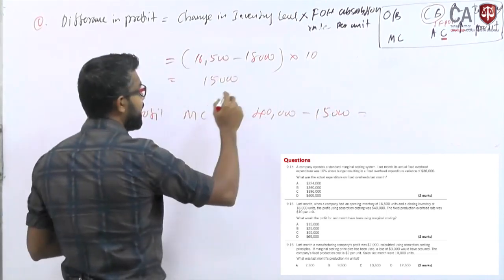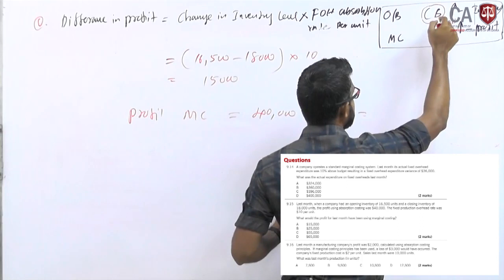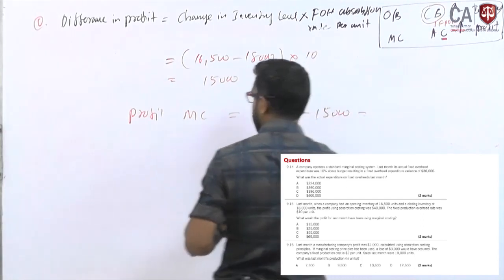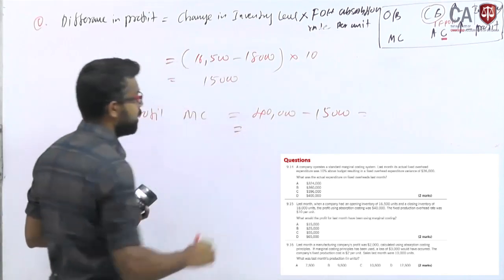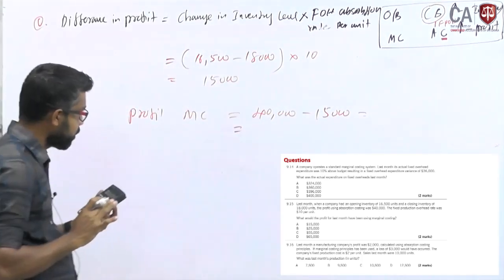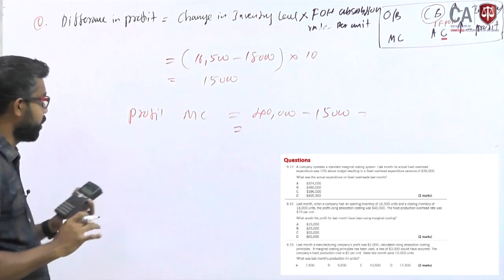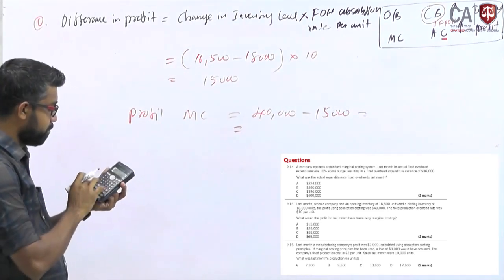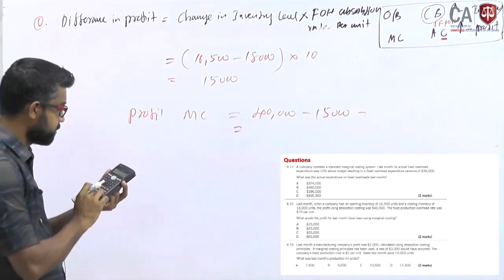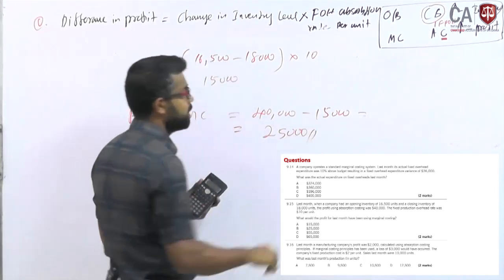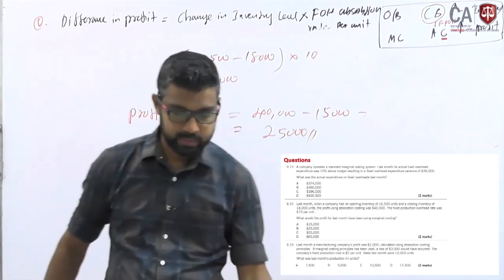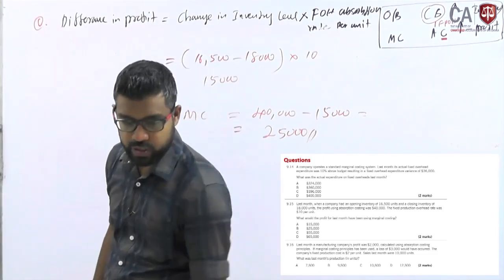Because if the closing balance increases, the inventory activity level increases, and absorption profit should be higher. Since absorption costing profit is 40,000, profit under marginal costing should be 25,000. Right?